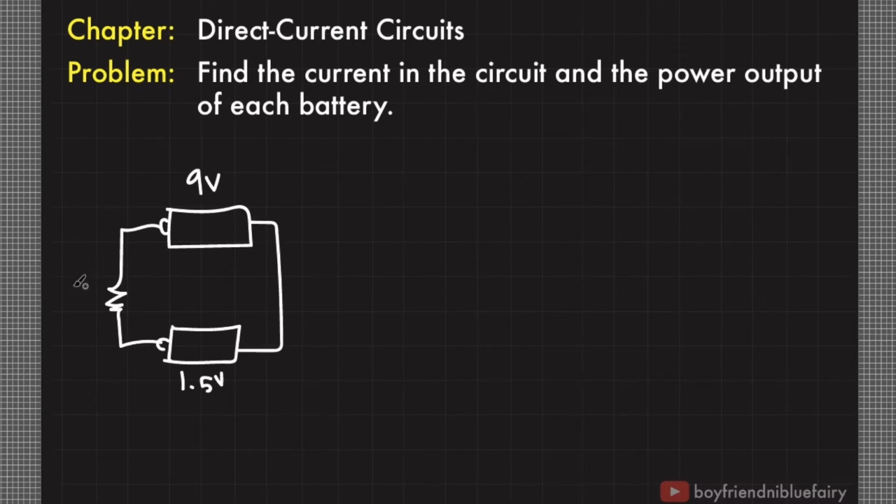Let's call this R sub 1. Of course, each battery has an internal resistance. So let's represent the internal resistance of the 9 volts battery as R sub 2 and the internal resistance of the 1.5 volts battery as R sub 3. So let me draw this in a clearer way.